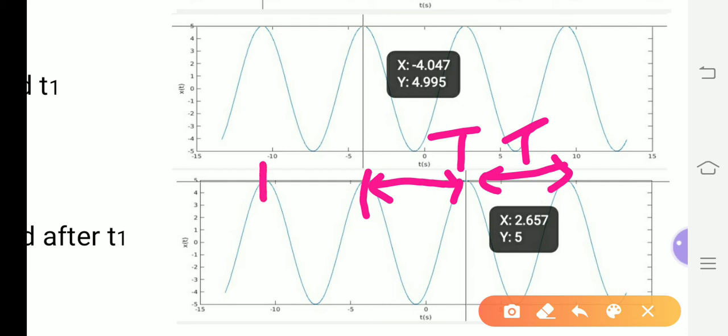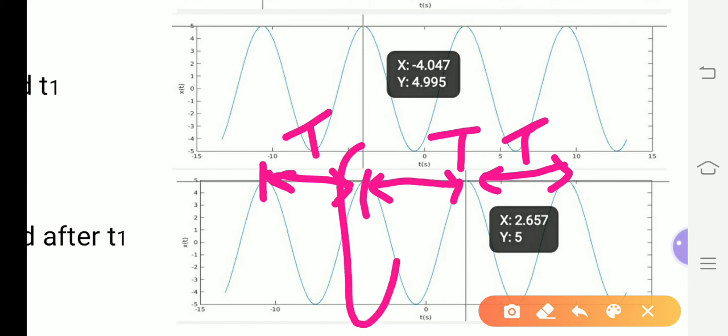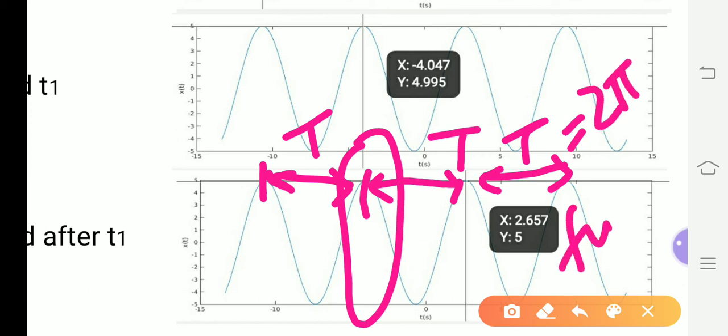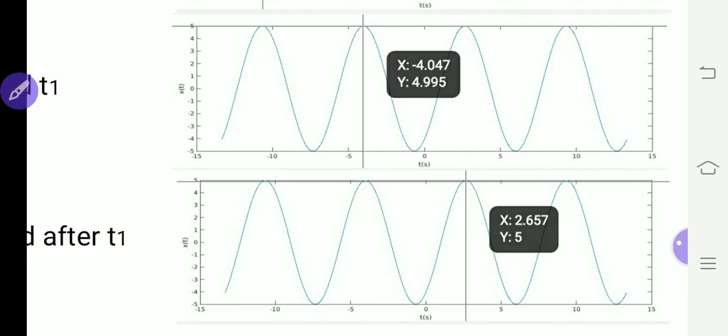We can also expect a peak before the point that we found from our calculation. After every period you will get a peak. Sometimes we call this 2 pi, or a full wave. A full wave means a full cycle.